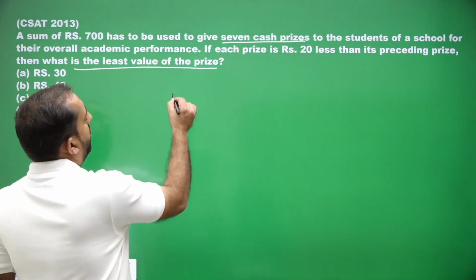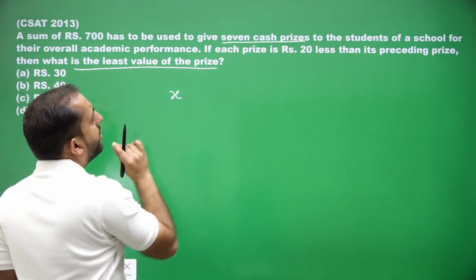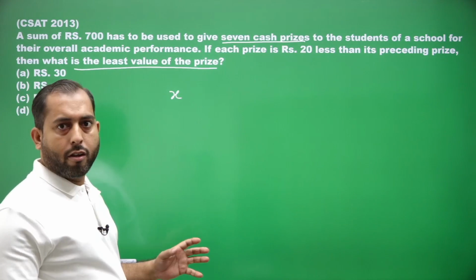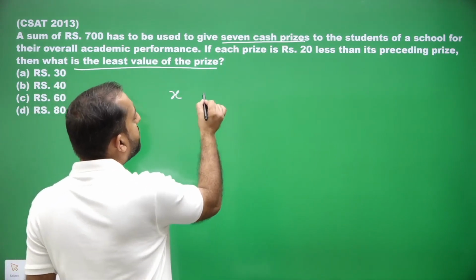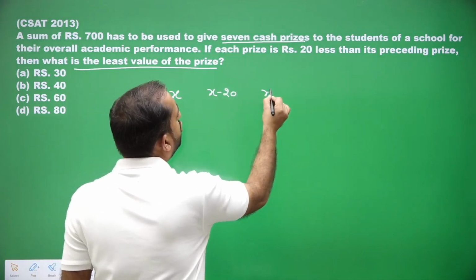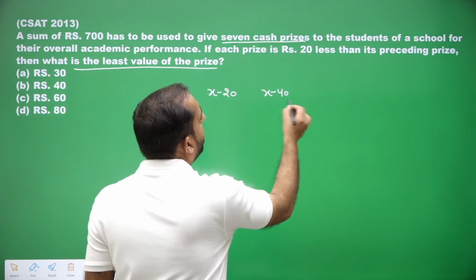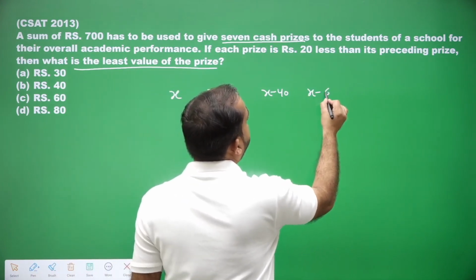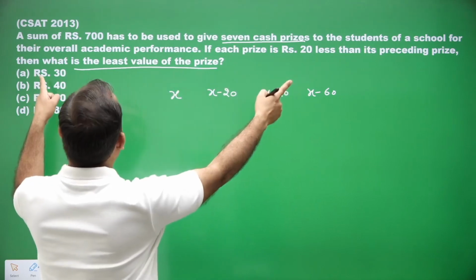So let's assume the highest prize is X. So the next prize should be X minus 20. Next should be X minus 40. Next should be X minus 60. How many prizes are there? 7 prizes are there.